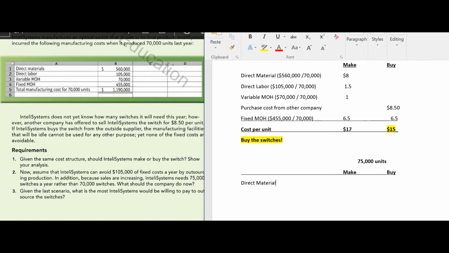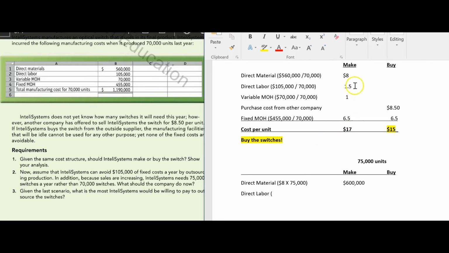Let's figure out direct material cost. For one unit, direct material cost is $8. Now we are making 75,000 units, so our total direct material cost will be, let's use the calculator, 8 multiplied by 75,000, and I got $600,000. Let's do the same thing to calculate direct labor cost.